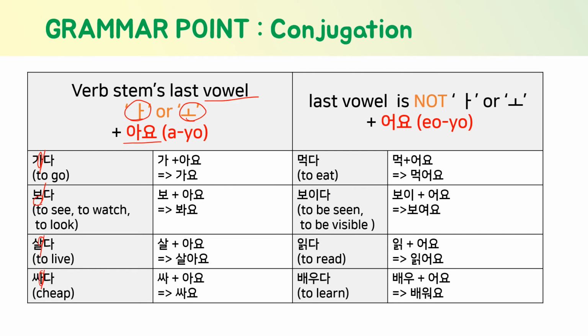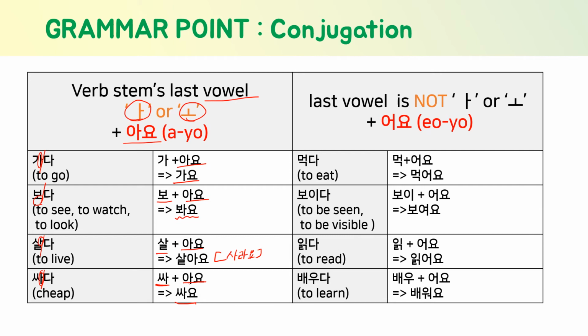So you add 아요. 가 plus 아요 becomes 가요. 보아요. 살, stem, 아요, 살아요. Be careful with the pronunciation. 싸다, 싸아요. Since there are two same vowels, one of them drops, and it becomes 싸요.